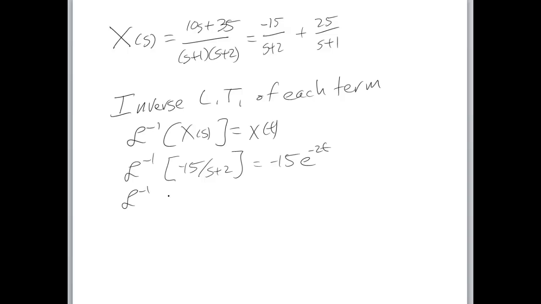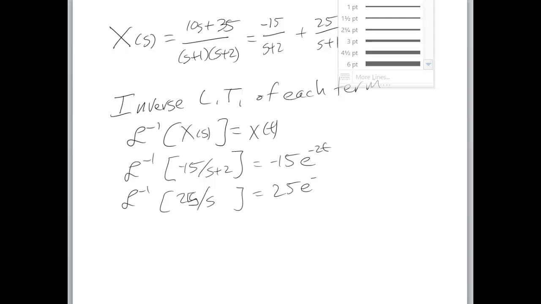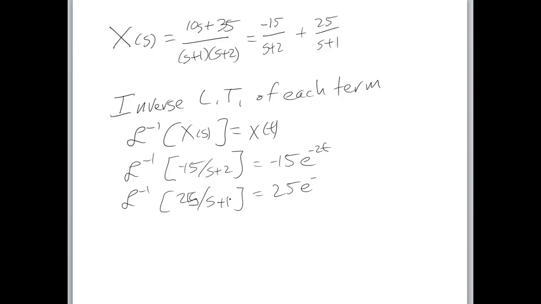And the inverse Laplace transform of 25 divided by s plus 1 is 25 times e to the minus, oops, I made a mistake here, didn't I? So this should really be a plus 1, or e to the minus 1t.